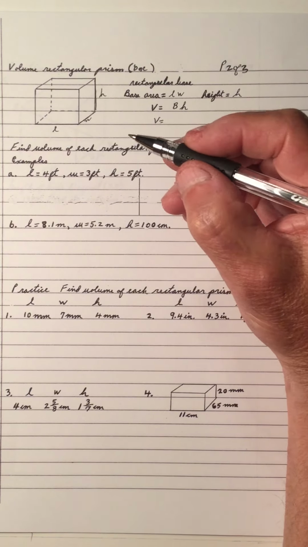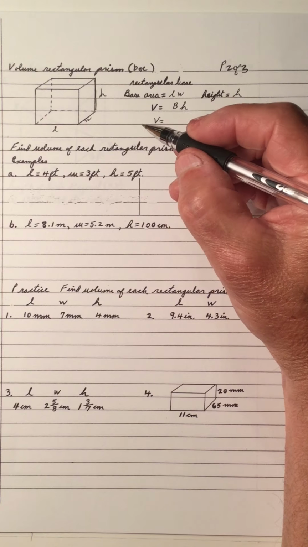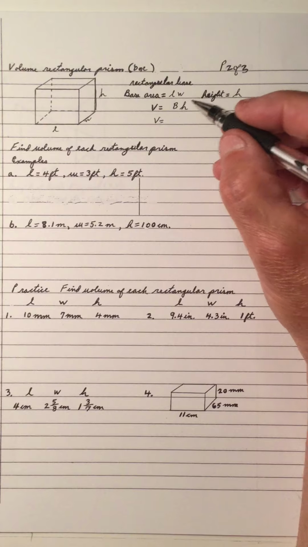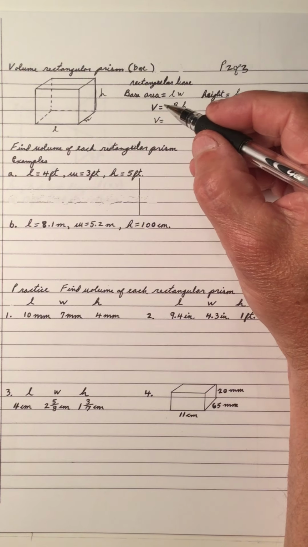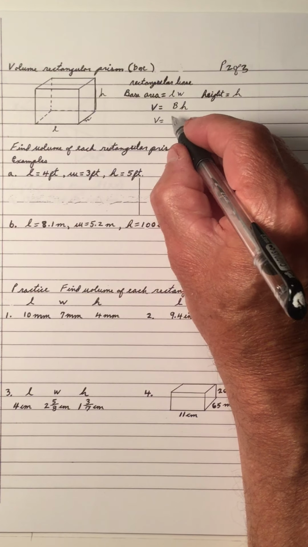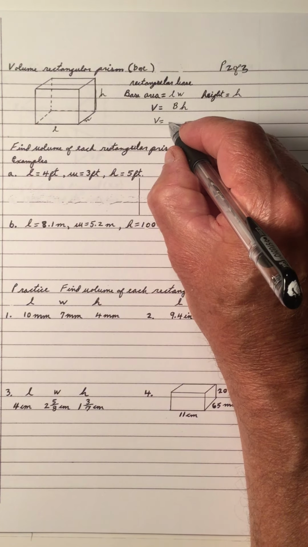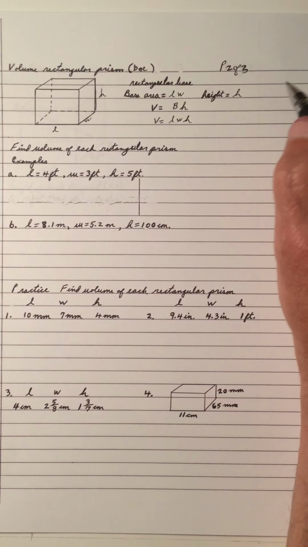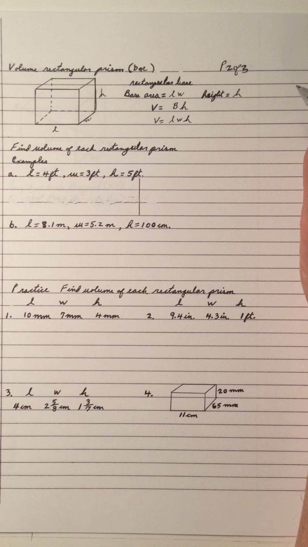Could be a rectangular prism, could be a triangular prism, could be a cube, could be a cylinder, etc. Makes no difference, or pyramid. So the volume formula is base area, which is L W H. So a rectangular prism has a volume of length times width times height.